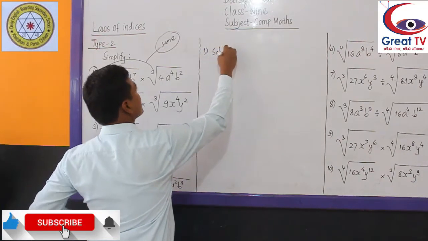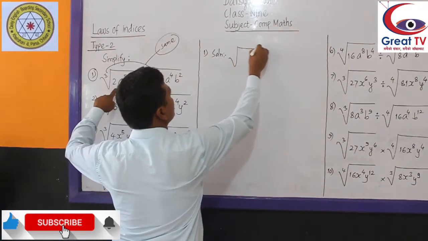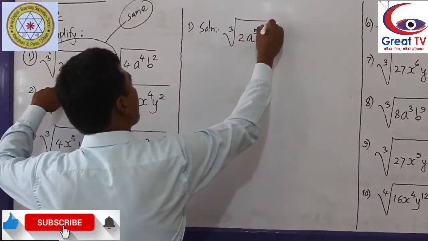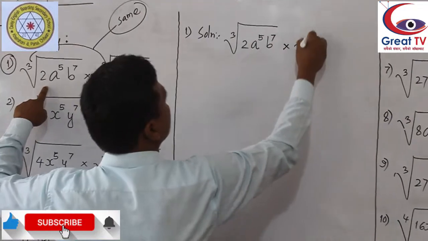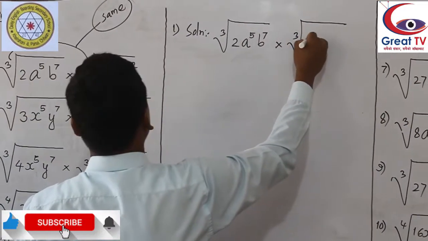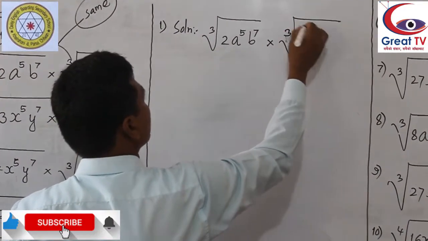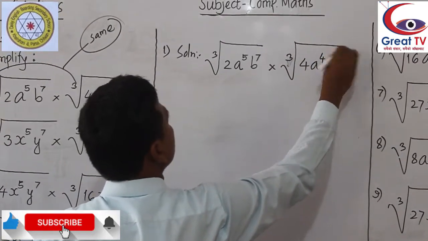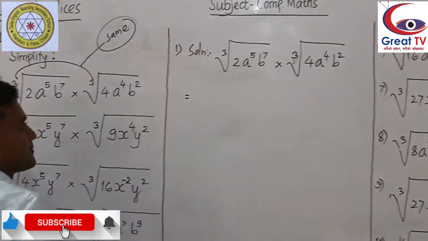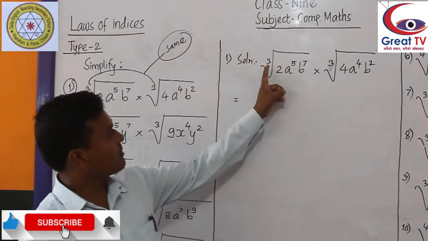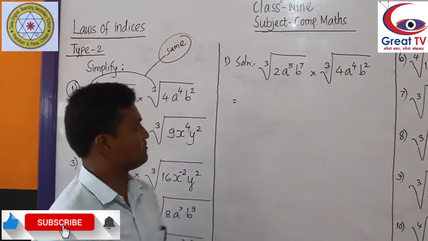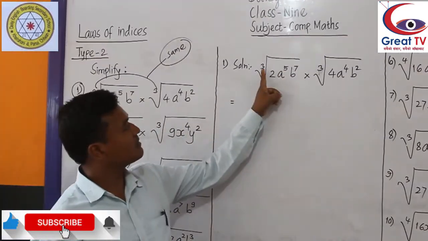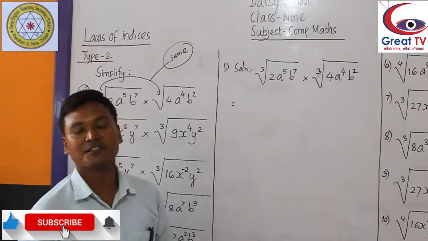Solution starts. Okay, here we have cube root of 2 a to the power 5 b to the power 7, times again cube root of 4 a to the power 4 b square. We have already studied this. These two roots are of the same order. If the roots are of the same order, they can be multiplied.